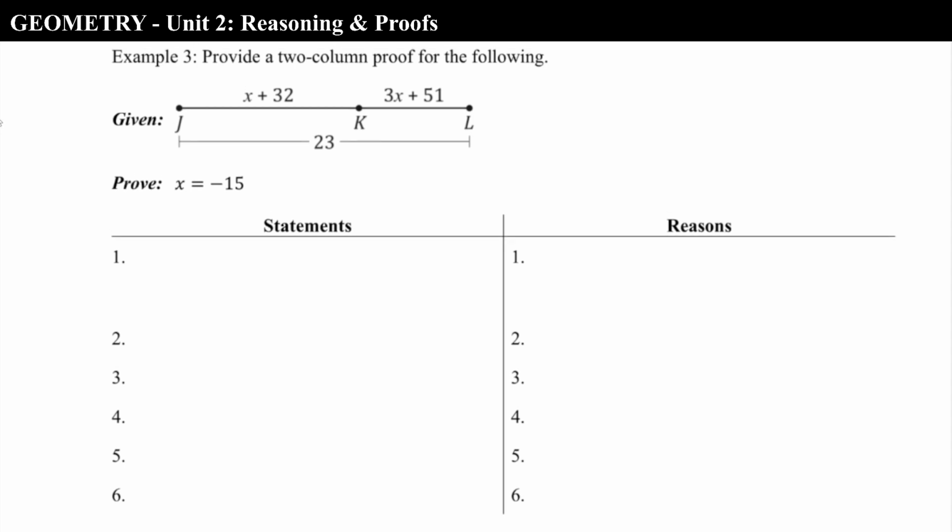So for this one, we are going to write down our given. So just like before, JK is x plus 32. KL is 3x plus 51. And JL is 23. And that's our given.